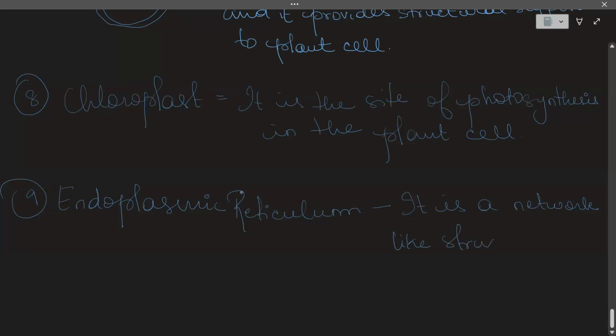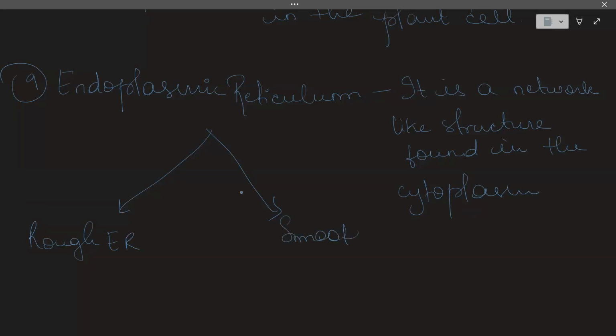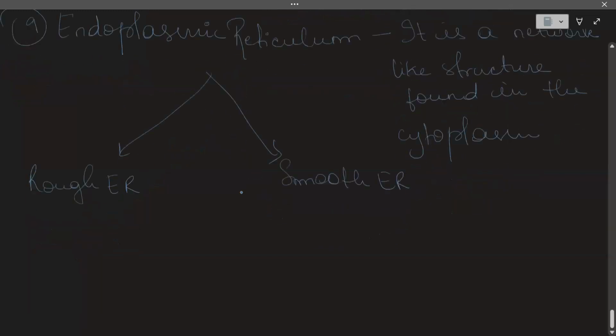Talking about this endoplasmic reticulum, it is of two types. First is rough endoplasmic reticulum, and then there is smooth endoplasmic reticulum. Now, this is in terms of their appearance.